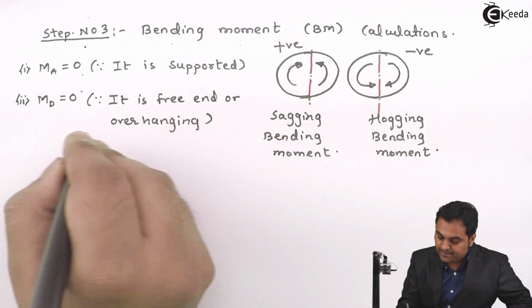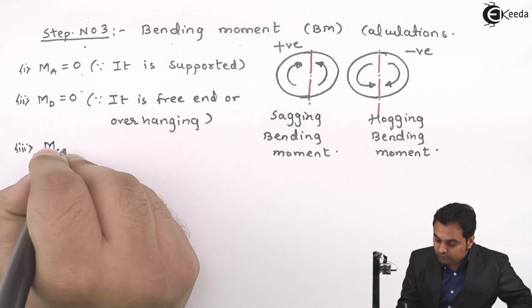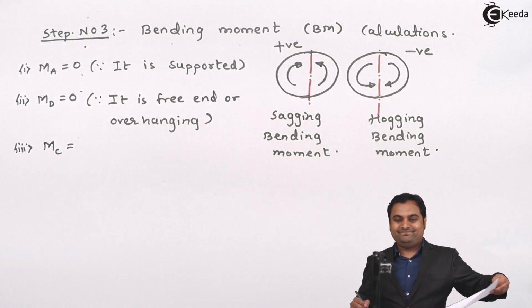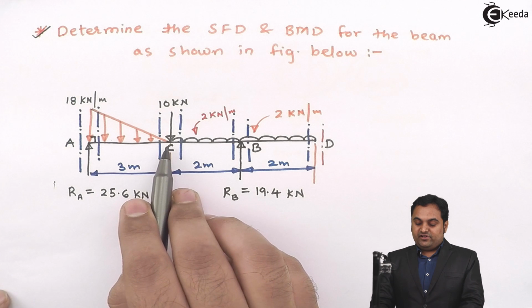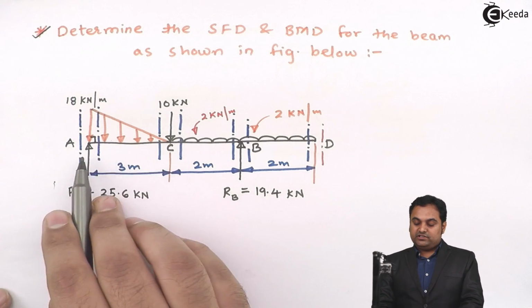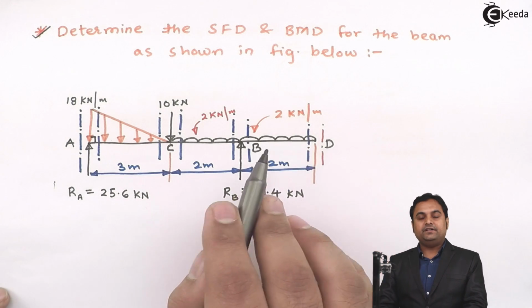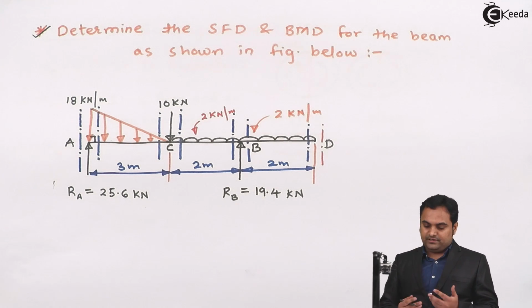Next, now we have moment at point C. If we look at this point C, to the left of C the forces are fewer as compared to the right hand side. For the calculation of moment we have to see how many forces there are so that the calculation becomes simple.